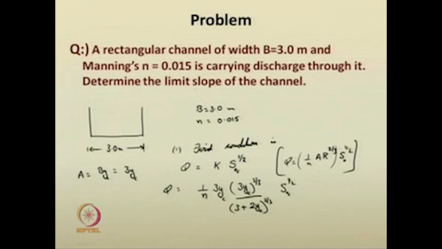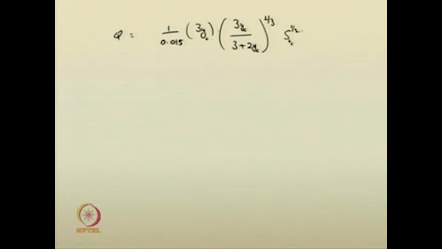Substitute n is equal to 0.015, you will get Q is equal to 1 by 0.015, 3 y c into 3 y c by 3 plus 2 y c, the whole quantity raised to 2 by 3, S naught c to the power of half.